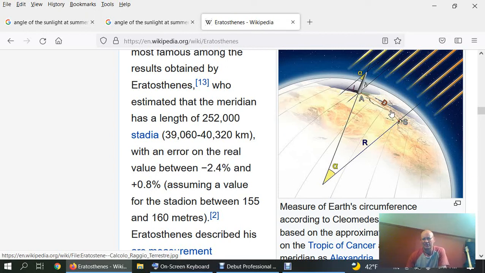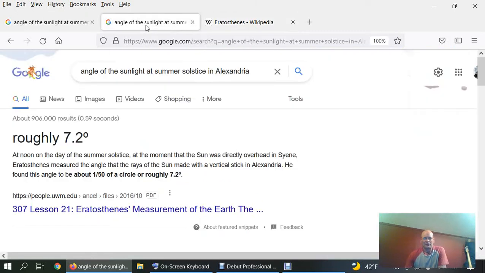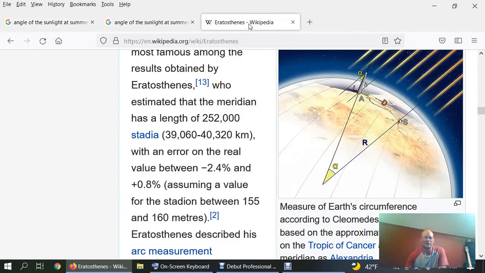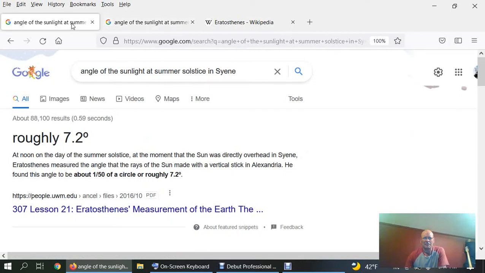So all of the difference between the angles would be a result of the round shape of the supposed globe Earth. However, we go to here, the angle is 7.2, the angle is 7.2. So my question is, what in the hell did Eratosthenes measure? How did he measure anything if it's the same angle of light at both cities?